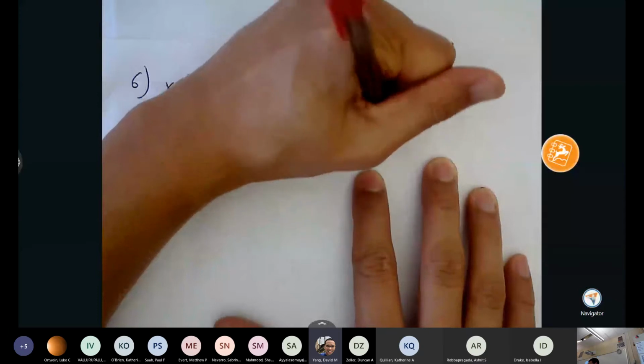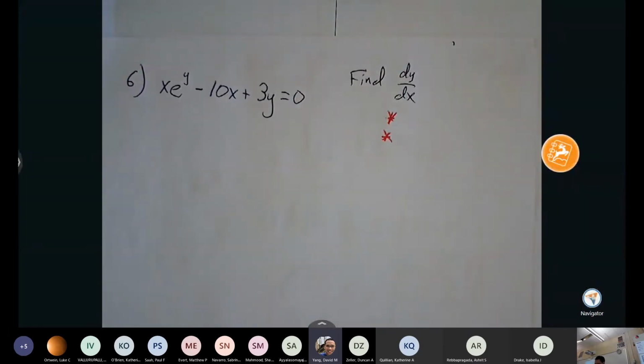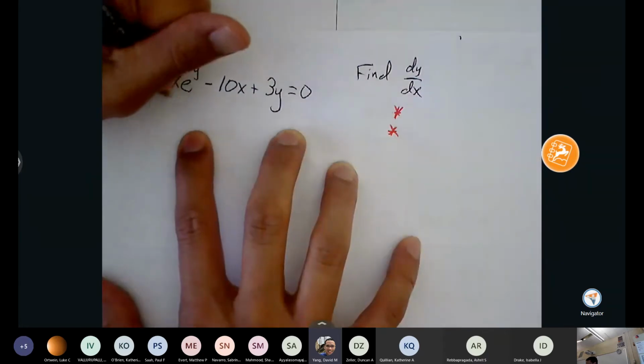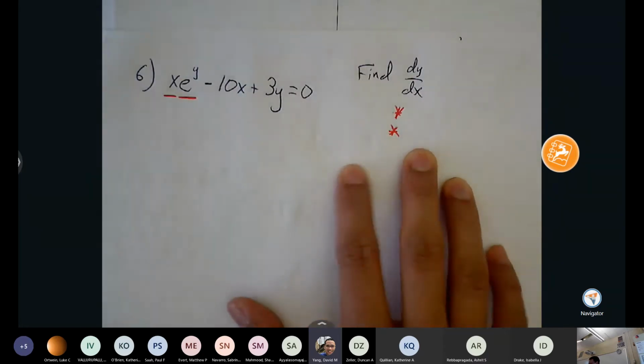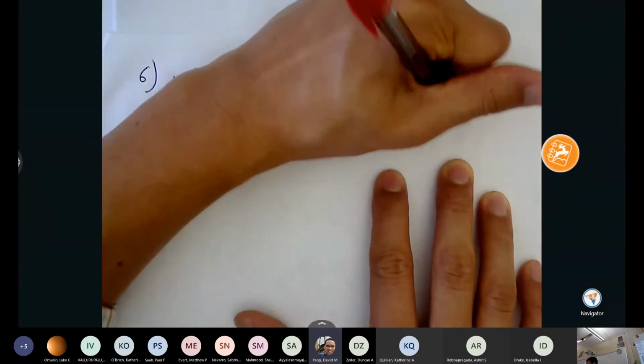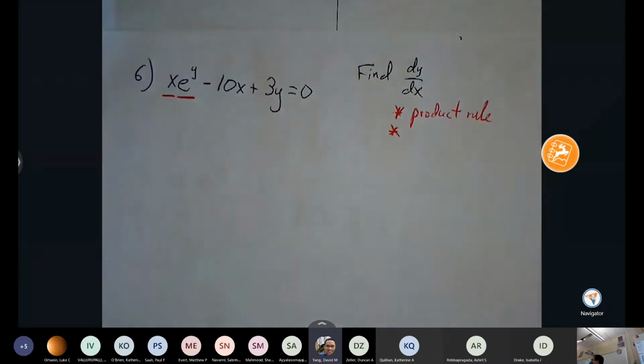All right, there's 2 big things I notice here. Can you guys identify some process we have to involve here? Do you see product rule there? No. There's one big thing. It's not a function anymore, right?